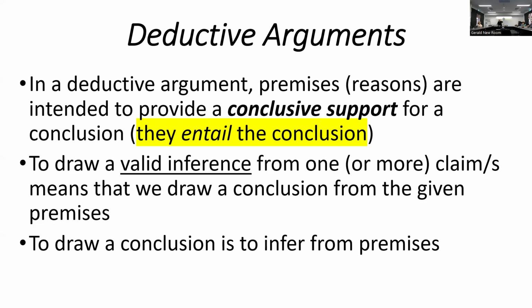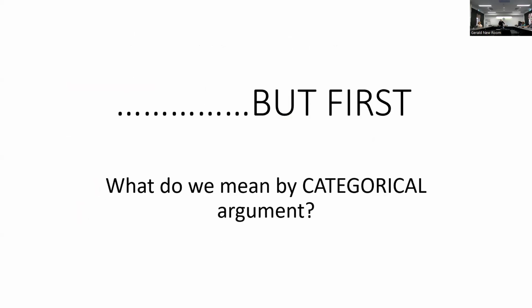The inference in a way we carry from premises to a conclusion. So to draw a conclusion is to infer from premises. You note that I'm saying the same thing in different ways. Whichever is good for you, you remember that.